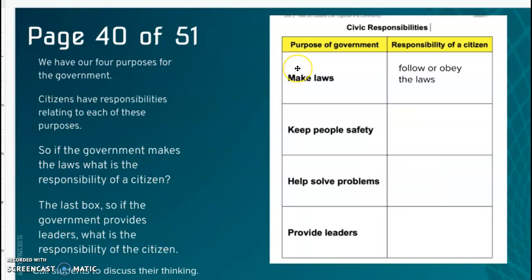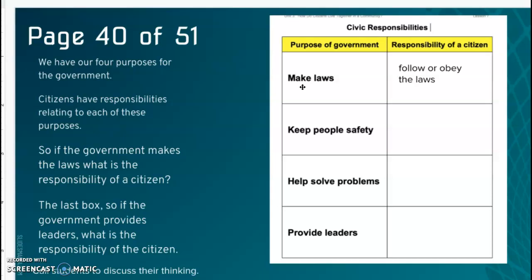So over here on this assignment that we did as a class, you don't have this one, but we just did it as a class, so we'll do it together. We have our purpose of government on this side, and then the responsibility of a citizen. The government's purpose is to make laws.